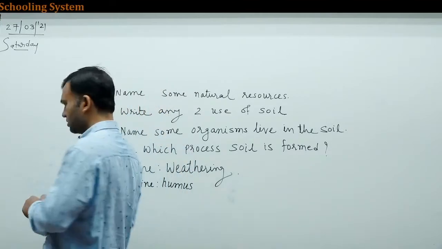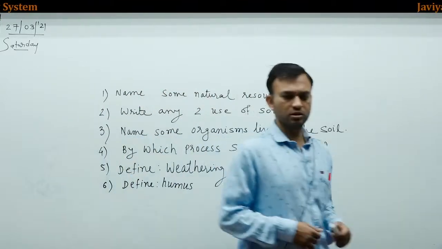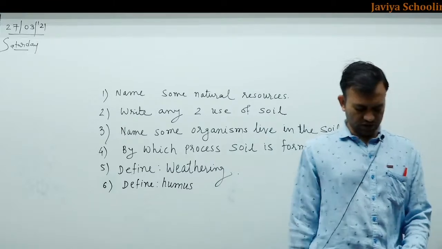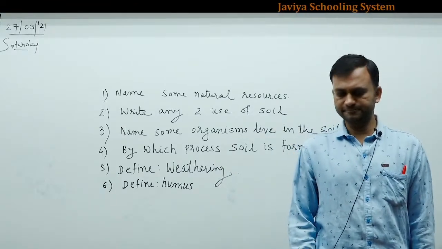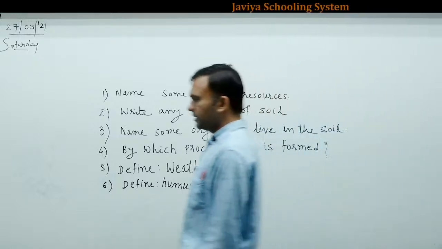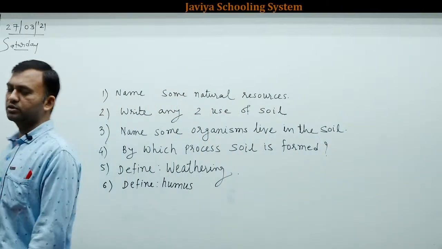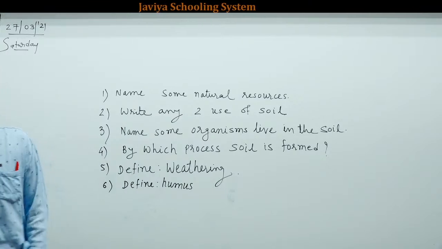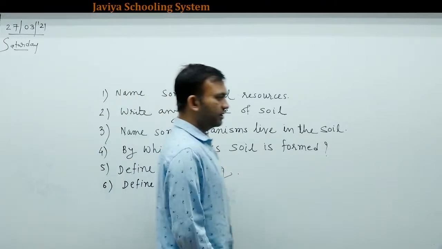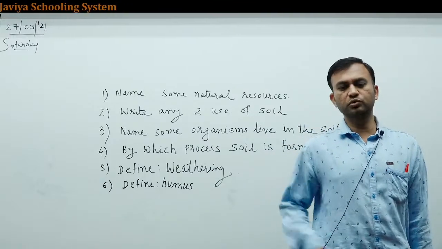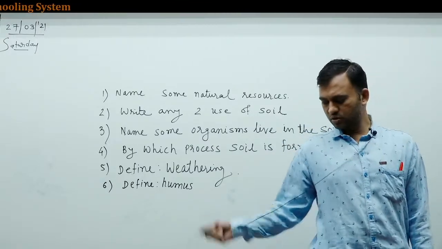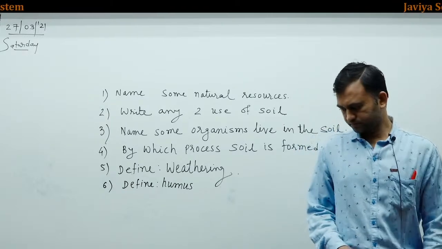Define humus. So what is the humus? So humus means when an animal or plants die, that is decomposed by some microorganisms and converted into organic matter, that is called, you can say, humus.